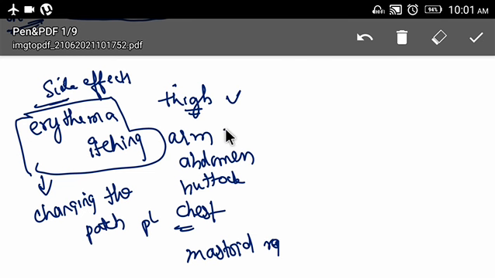Thigh, upper arm, abdomen, buttock, chest, mastoid area. These are some of the places where we can use this transdermal system.